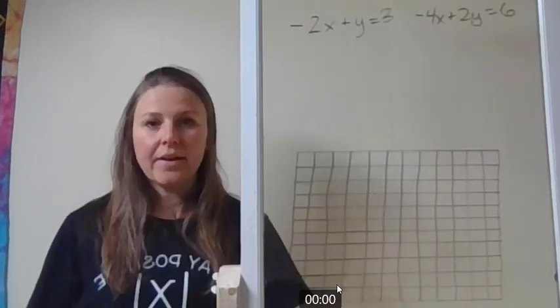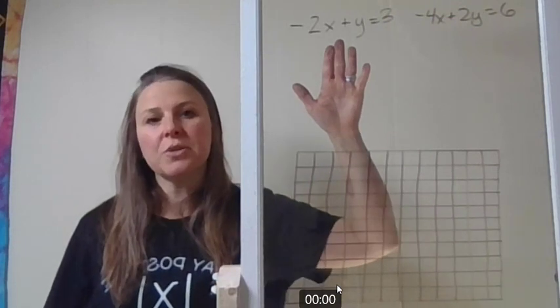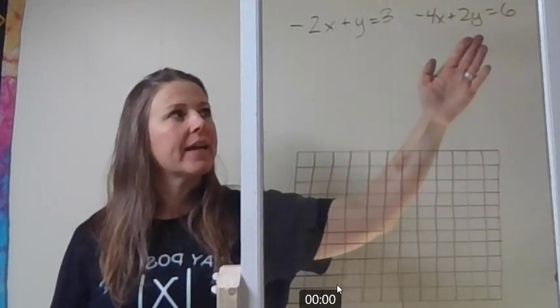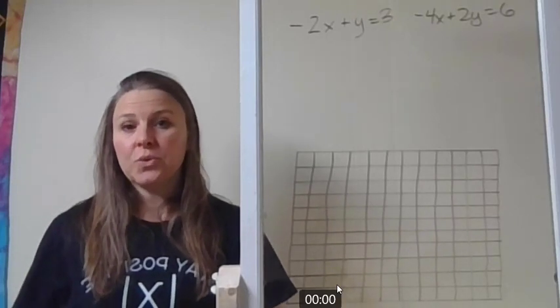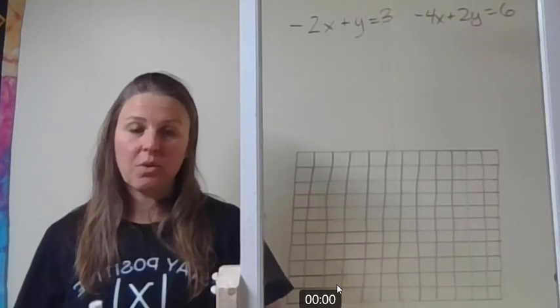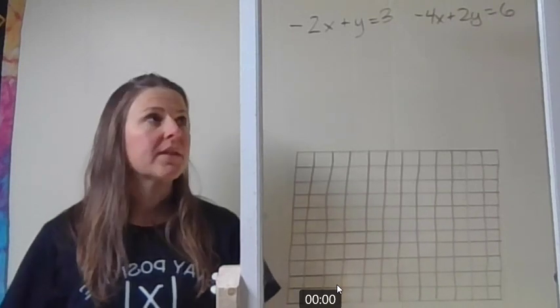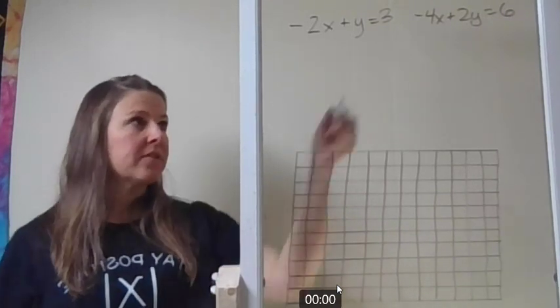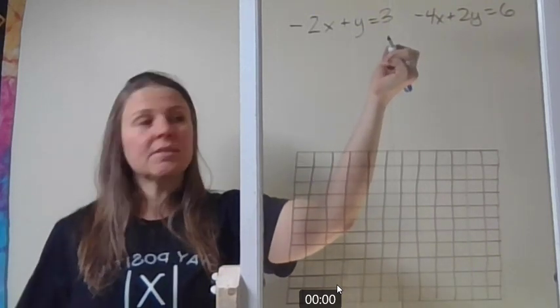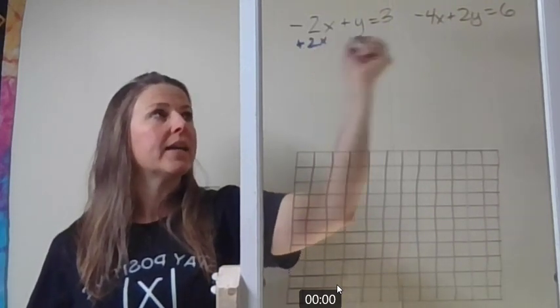Next up. Our next system is going to be -2x plus y equals 3 and -4x plus 2y equals 6. Now again, you can find the x-intercept and the y-intercept and go that route. You could put this in y equals mx plus b and go that route. Finding the x and y-intercepts is going to give you some fractions. So I'm going to go ahead and add 2x.